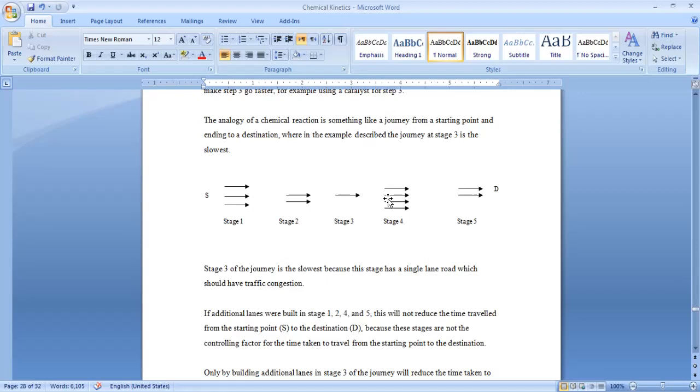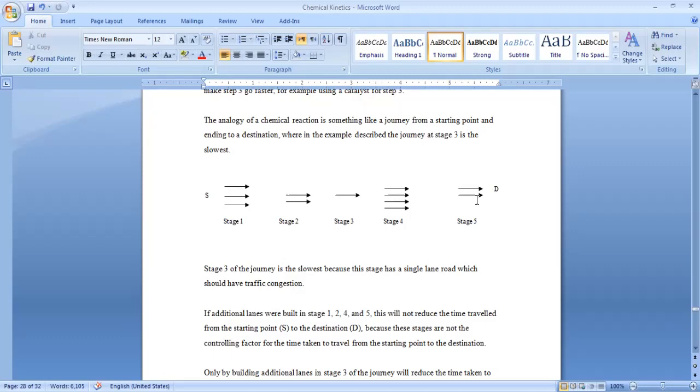And then finally stage 5 takes around 10 seconds. So you add stage 1, stage 2, stage 4, and stage 5 all together.